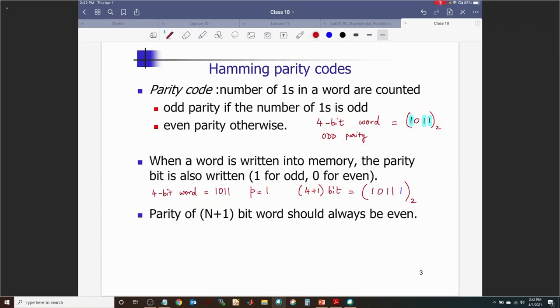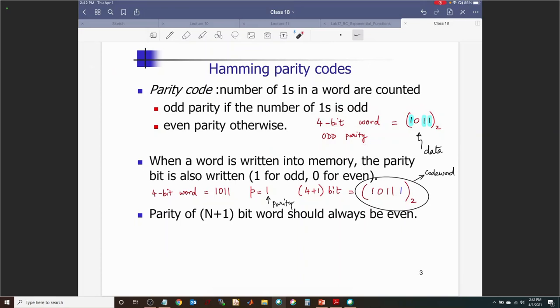So let's try to identify these by names. This part is going to be your data bits. And then this is your parity bit. And this whole thing is what we are going to call a code or a code word. So when you write a code word into the memory, you're writing data bits and you're writing the parity bit as well, but every code word is going to have even parity.